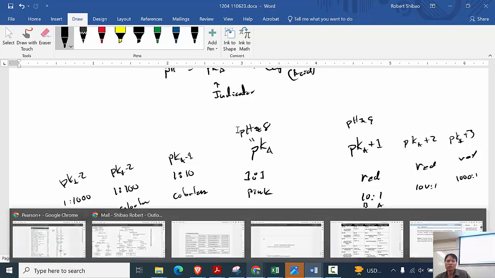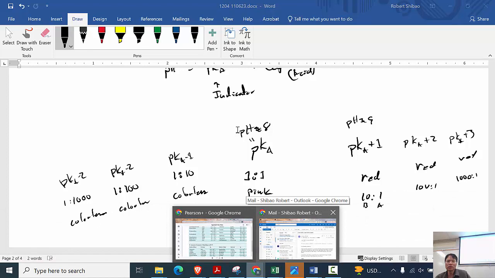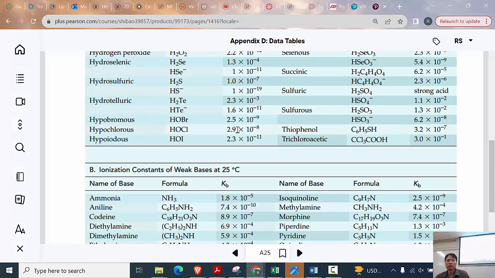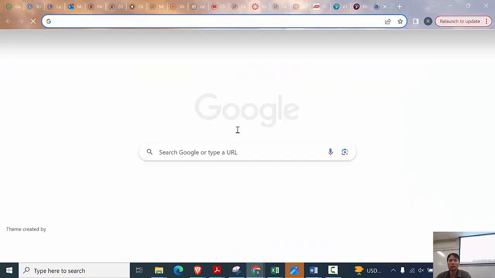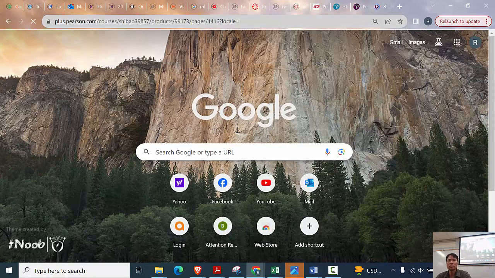And so what we're going to do is take a look at indicators. It's all weak acid, right?